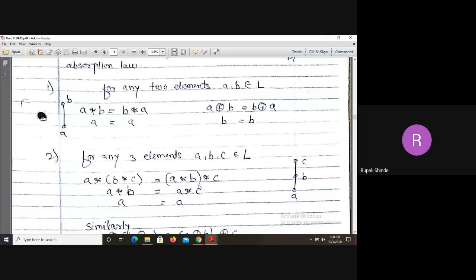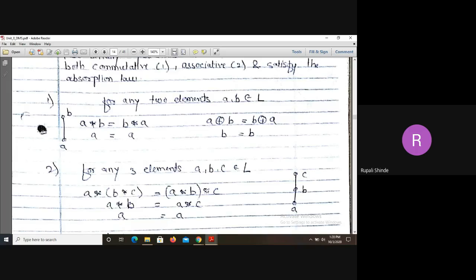First we solve the bracket A star B, and its value is A, star C. Again, greatest lower bound of A and C is A. So in this way we prove that lattice satisfies associative property.